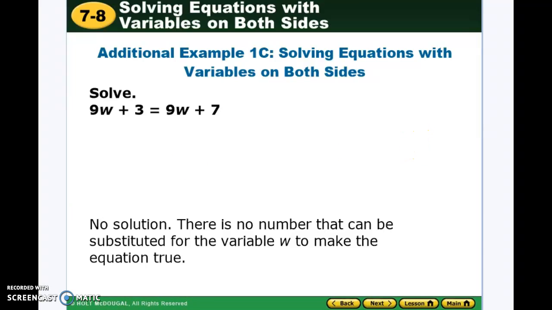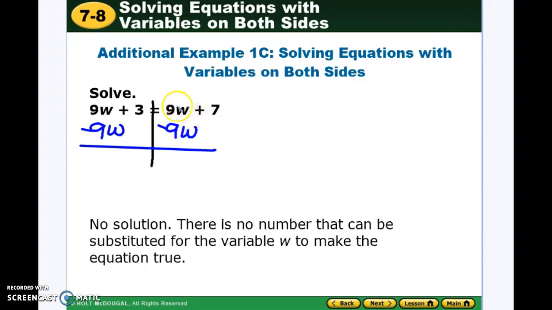Now with this one, if you really take a look, we have to move the w's to be together. We have w's over here, w's over here, so we want to put them together. Since this is positive 9w, let's move the positive 9w.